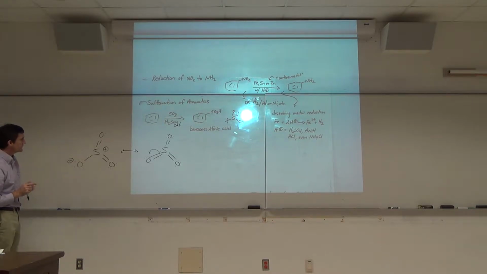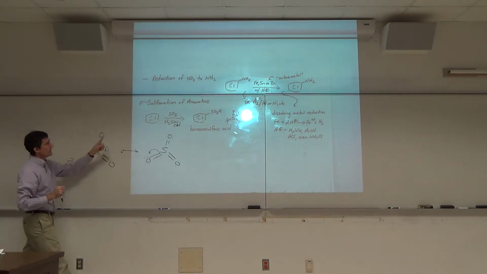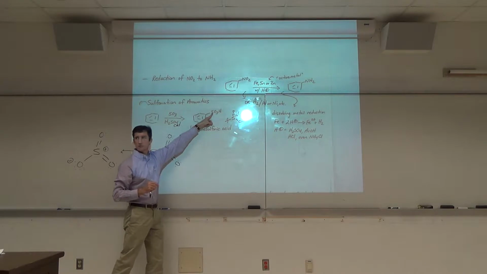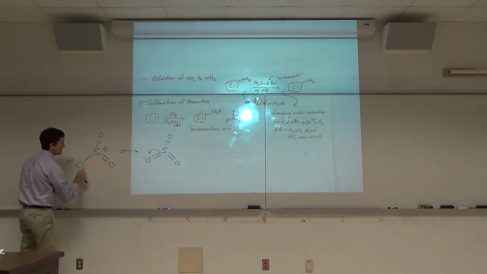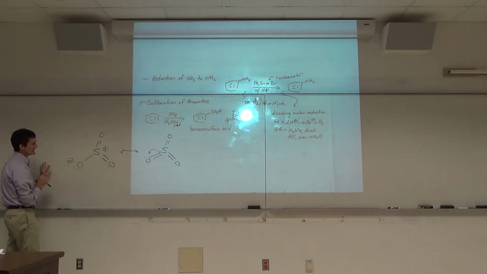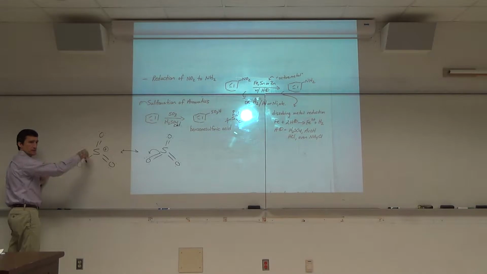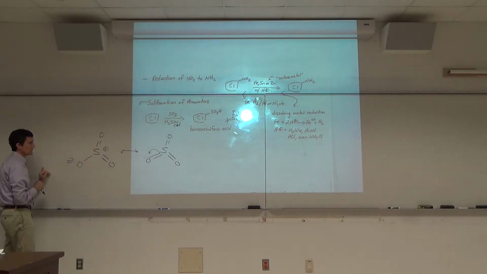If we use this structure here, the ring is going to attack the sulfur because it's bonded to the sulfur. Okay? We have a positive sulfur here. Typically, though, you need an acid catalyst. What's the net charge of the species? Neutral.